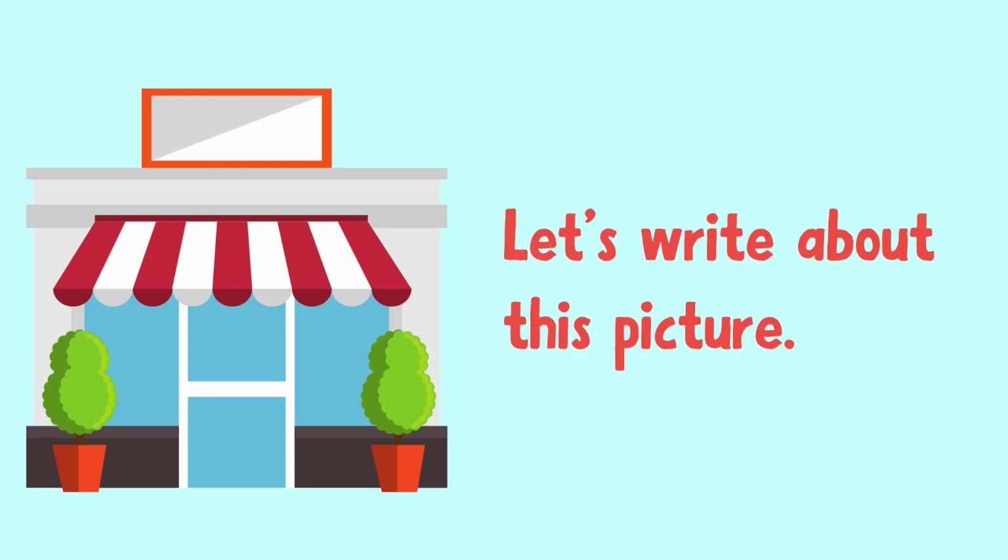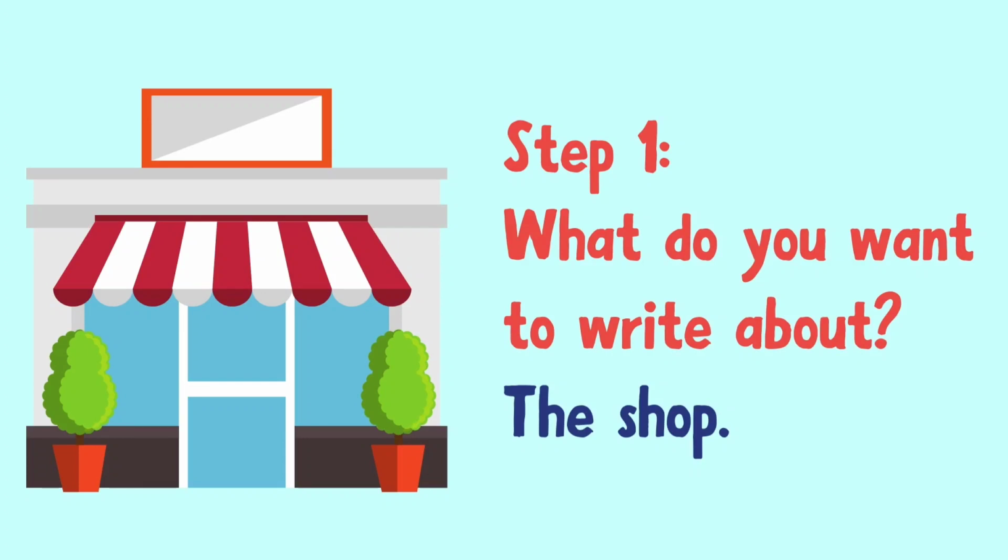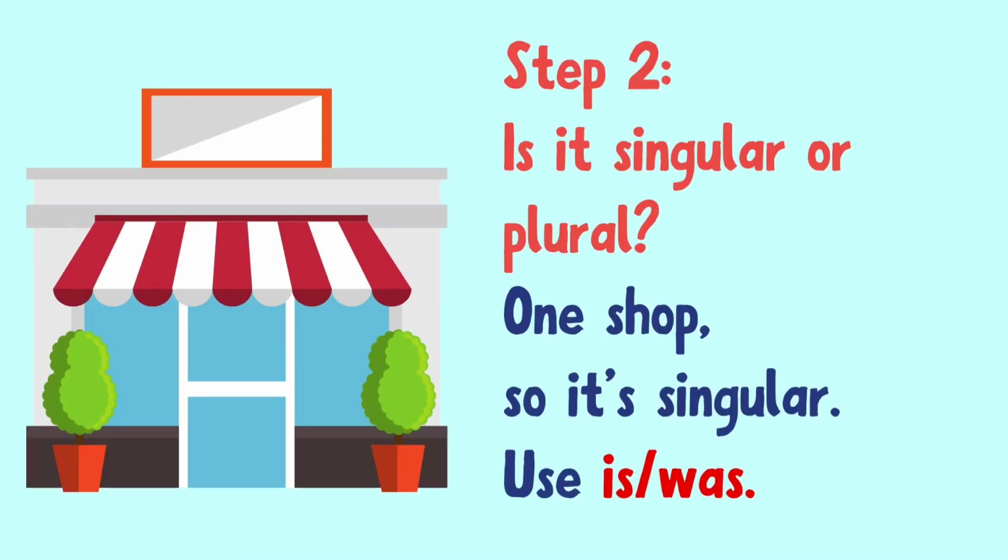Next one, let's write about this picture. What do you see? Okay, it is a shop. You want to write about this shop. Step 2. How many shops do you see? Singular or plural? So that's one shop, so it's singular.